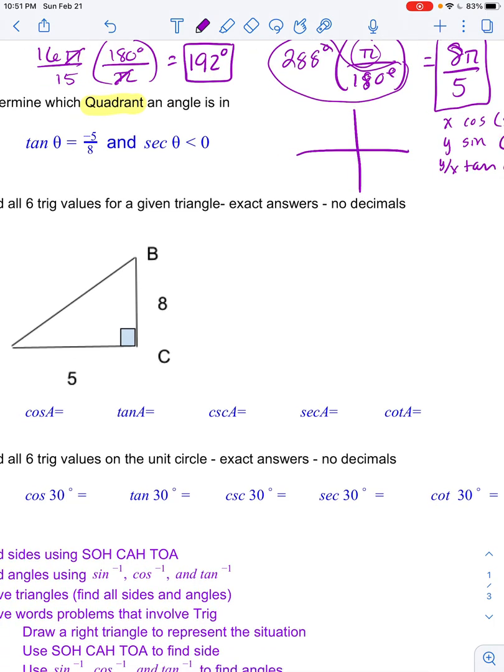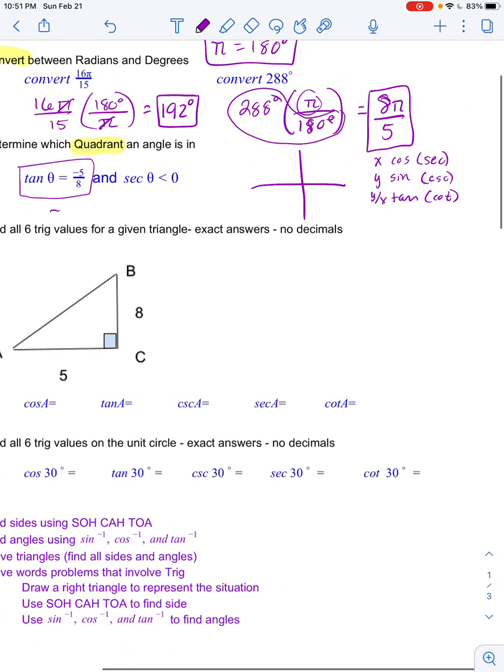So if you take this one at a time, you have to kind of think, this is tangent. I have a negative tangent. Keeping in mind that in quadrant 1, both my x and my y are positive, so the combination of the two when you divide would be positive for tangent. In this quadrant, my x is negative, y is positive, so when I do the y over the x, I get a negative tangent.